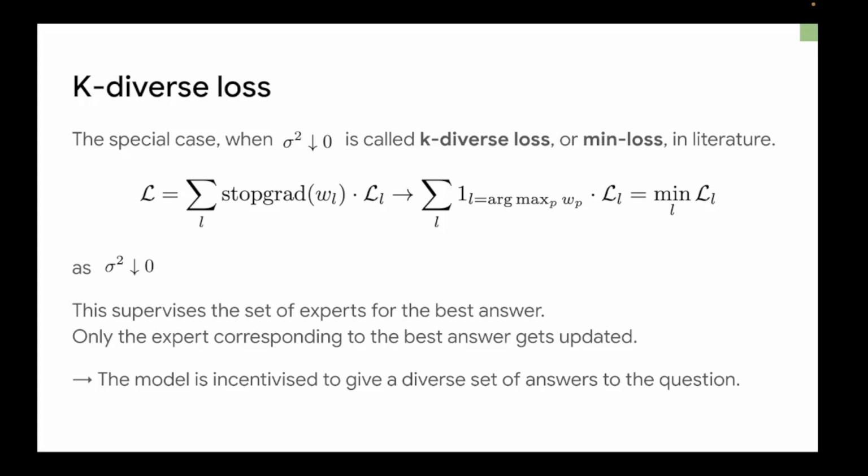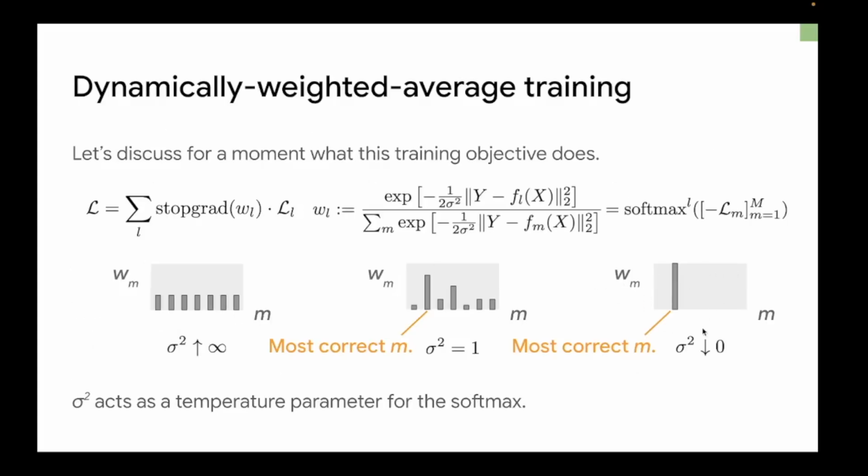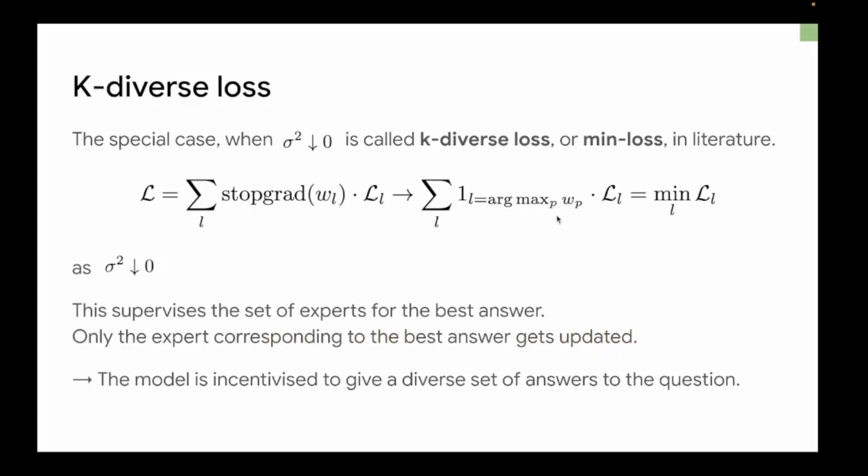Okay? And the loss function, if you look closely, looks like this. So the WL is essentially now a one-hot vector like this. You only have one for the most correct expert. And it's going to look like this one-hot vector.